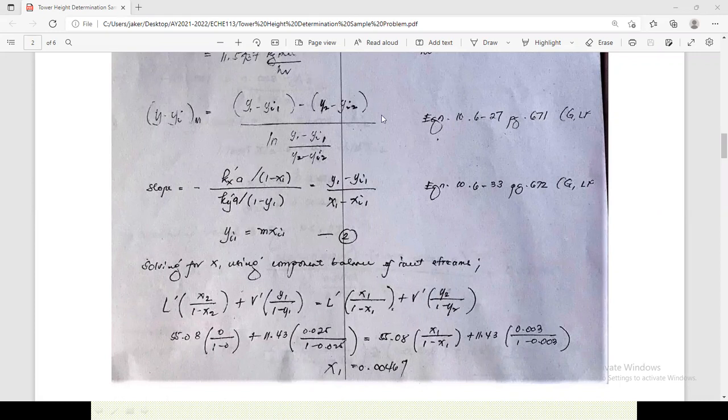Now in the formula, you could see that we have y sub i1 and y sub i2. And we don't know these because these are the concentrations of the phases at the interface. But we have this formula shown to you in the figure a while ago, relating the slope for the dilute solution. You see this one, we use the 1 minus x1 and 1 minus y1 because our solution is dilute.